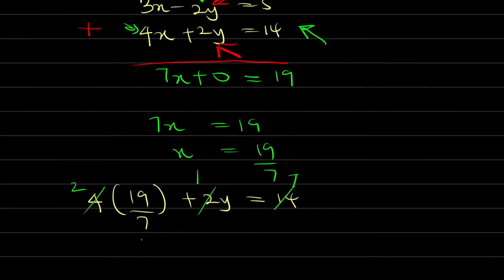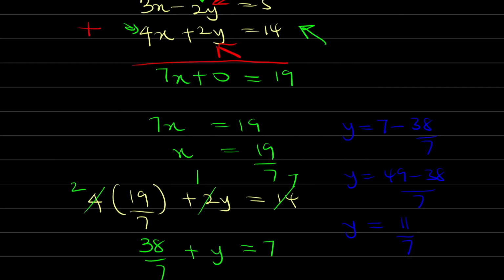And opening the bracket will give me 38 over 7 plus y is equal to 7. I can solve for y by saying y is equal to 7 minus 38 over 7. Y is 49 minus 38 over 7, which means y is 11 over 7.